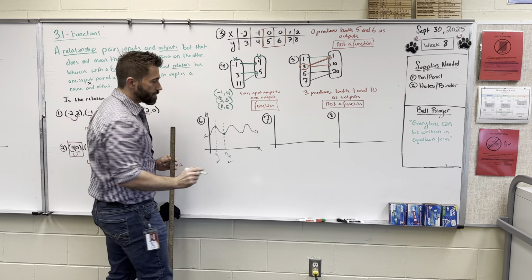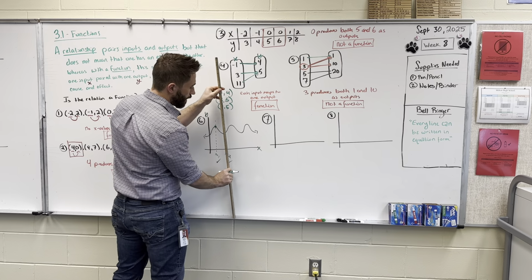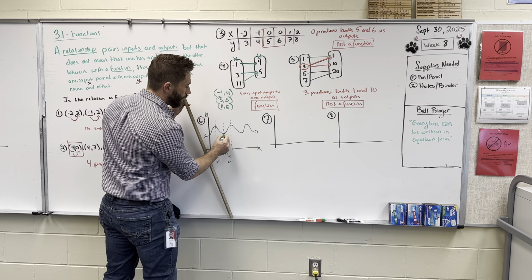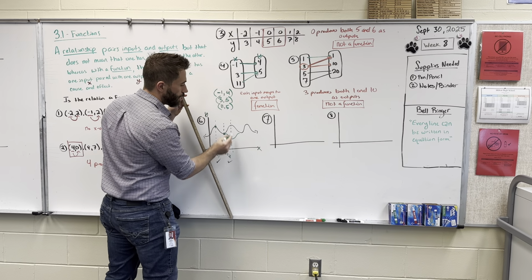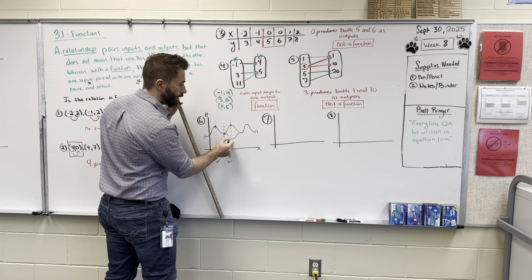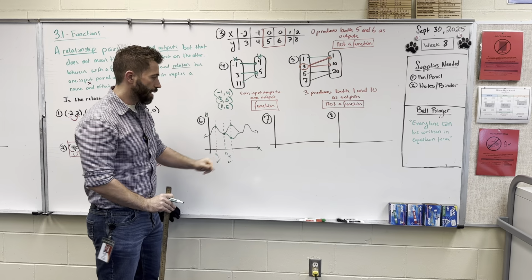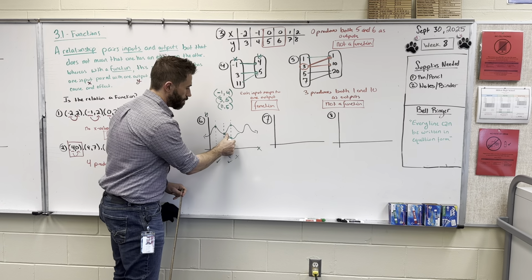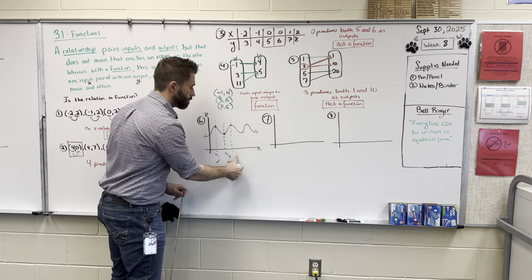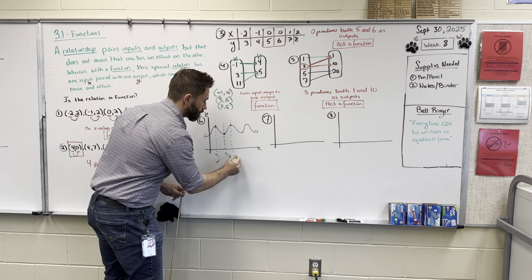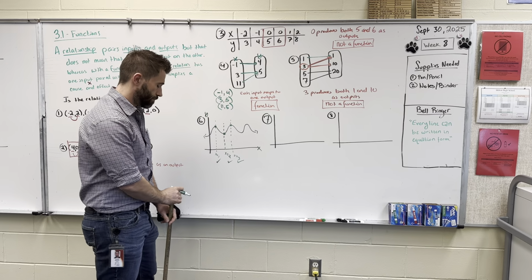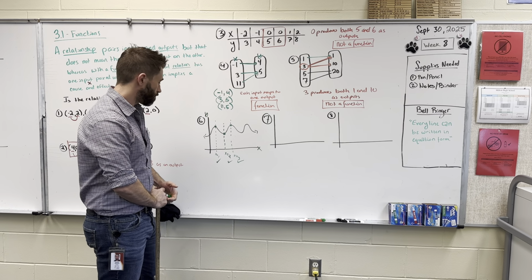What I don't want to see is, let's say at x equals 3, where I draw this line, my graph does something like this, and I have an answer there and there for that point. At that point I would say, no, it's done. But I don't see that anywhere. For x equals 3, I again only have one value. So every point along this graph is good, which means this is a function.